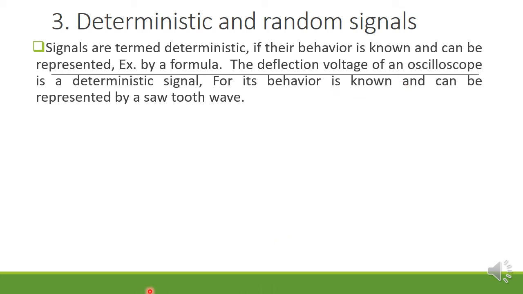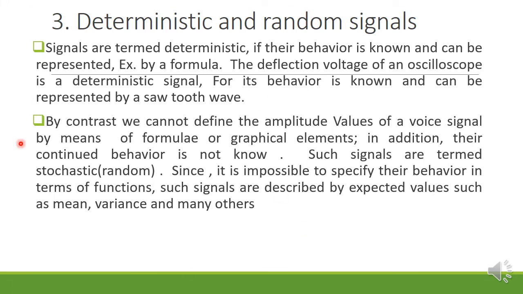Next, what do you mean by a random signal? It is the opposite of a deterministic signal. By contrast, we cannot define the amplitude values of voice signals by means of a formula or graphical elements.